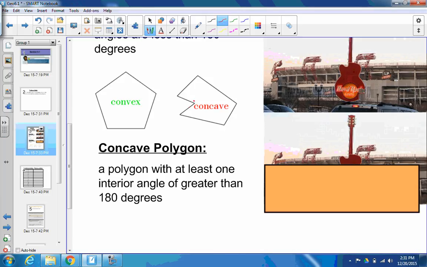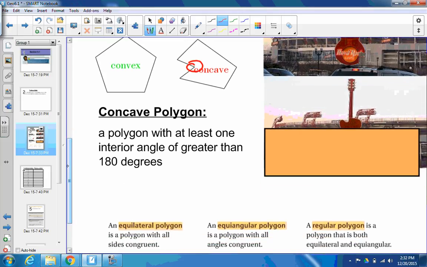If you look right here, this is that angle. On the inside of it, it is more than 180 degrees, so it's more than an obtuse angle. So concave, you think of it, there's a cave being made into the shape.